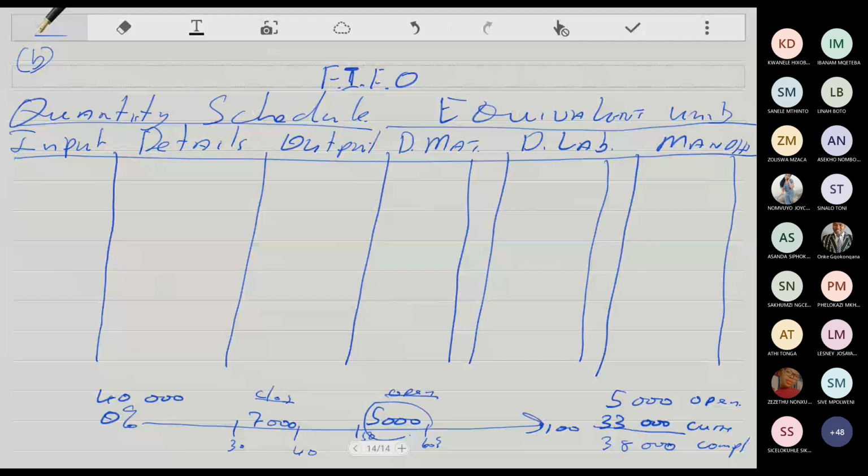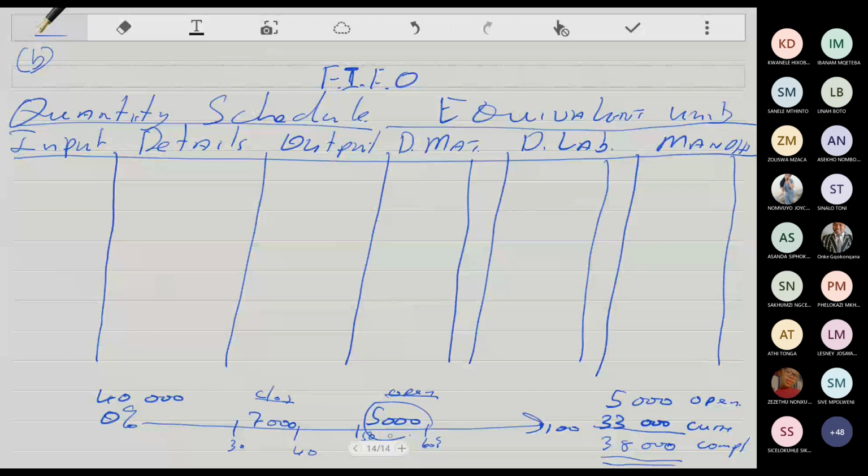So if in the exercise they say this is the total of what you've completed, you've completed 38,000, you will know that the 38,000 is made by 5,000 first, because it was my first units to be in the production. So I'm expecting this 5,000 to be the first units to reach 100%.